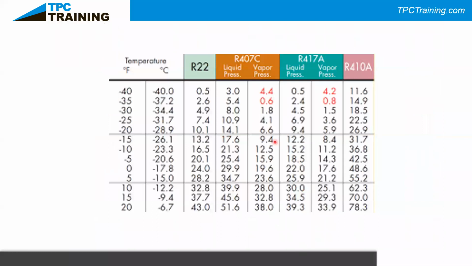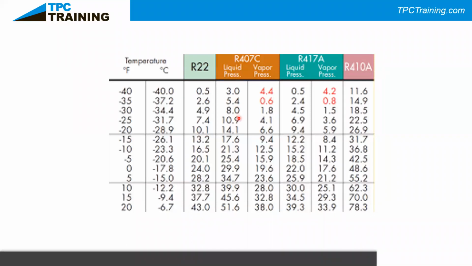Now, one last interesting thing on the PT chart: because R22 has chlorine in it, it's been phased out, and the replacement was R407C. But you'll notice that for R407C and R417A, we see liquid pressure and vapor pressure. The reason is that they do not stay together when they're in their vapor state.